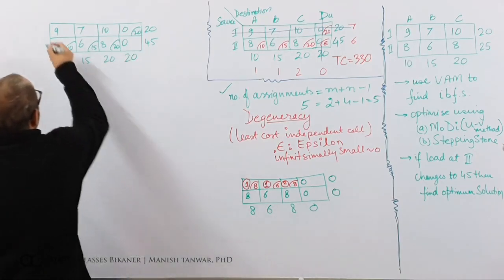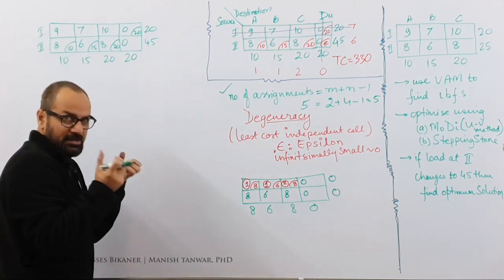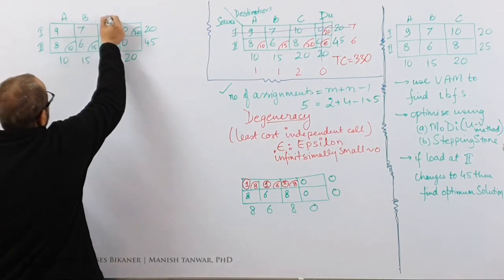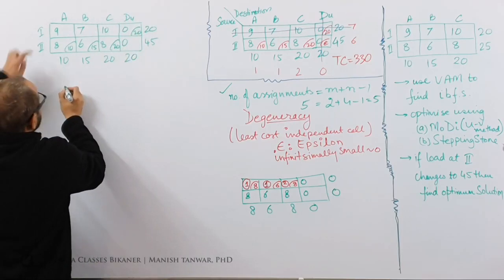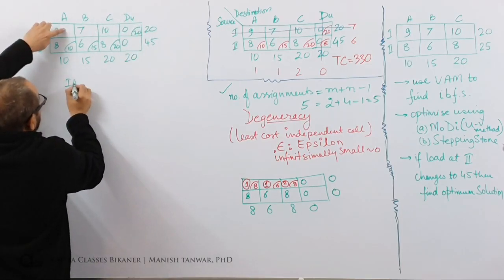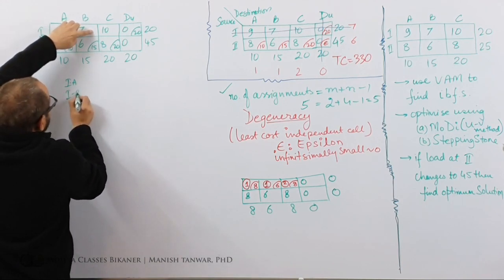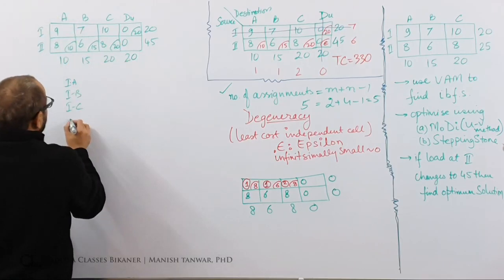Now for stepping stone, we need to find out the potential of each unassigned cell. We have A, B, C and dummy. So what are the cells that we have? Unassigned cells. We have first A, we have first B, then there is first C, and then there is second dummy.